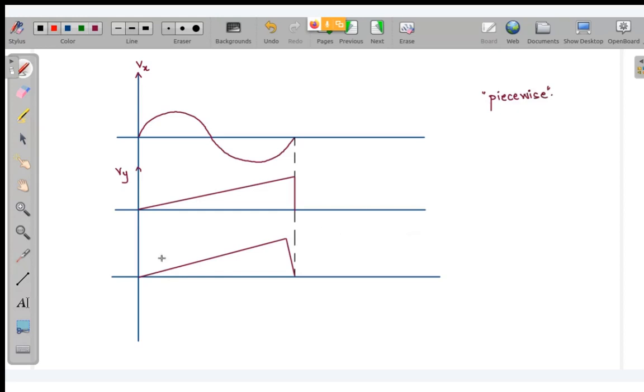Okay, the signal that we get is something like this. Something like this we get. Okay, I will even draw it. Don't worry. Let me draw this.